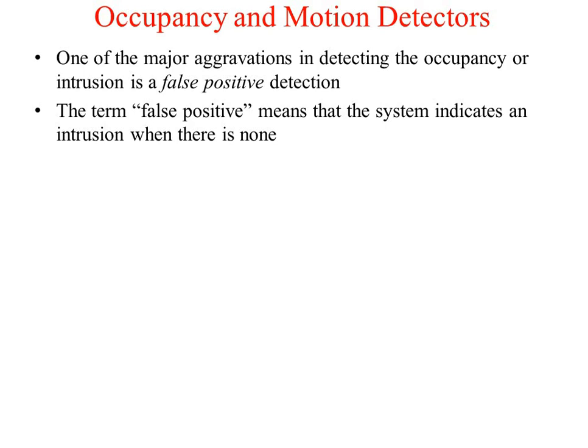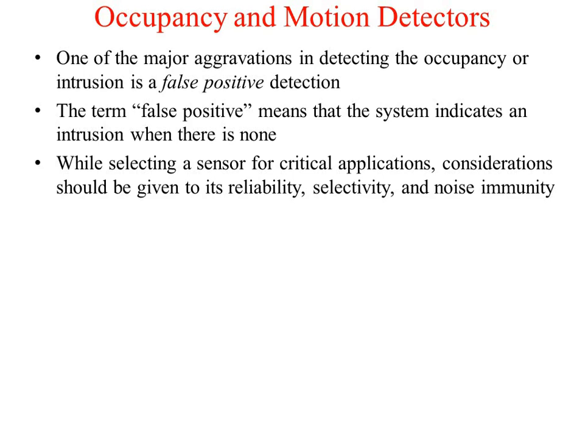For that purpose, we have to go with different types of combinations so that we can avoid false positives. While selecting a sensor for a critical application, we should consider its reliability, because if a false positive indication is there every time, it will unnecessarily create a problem for the security system.